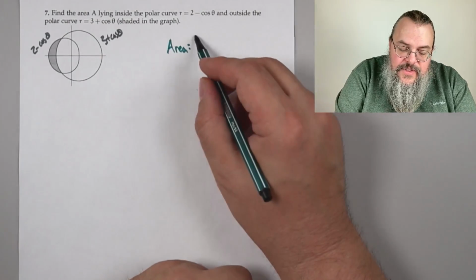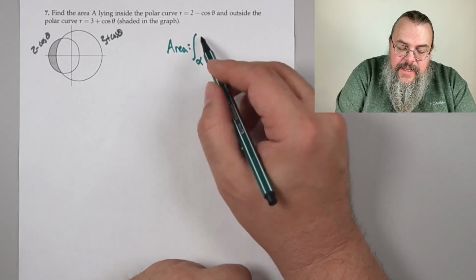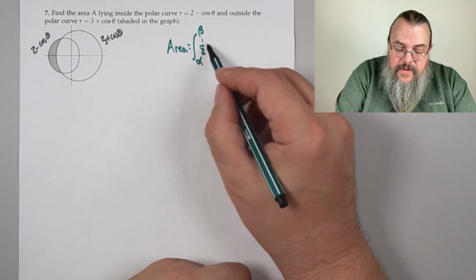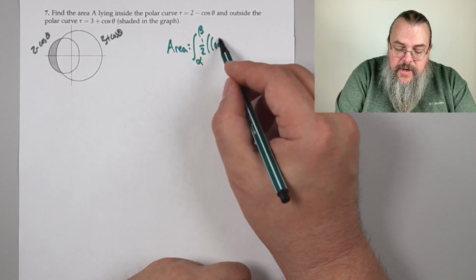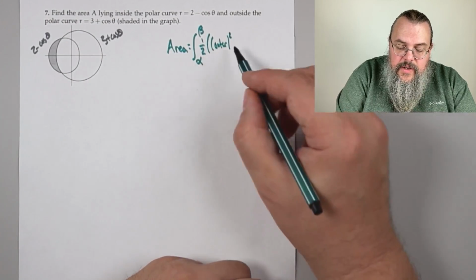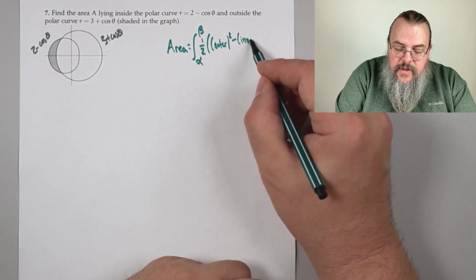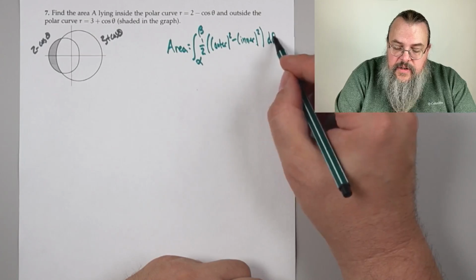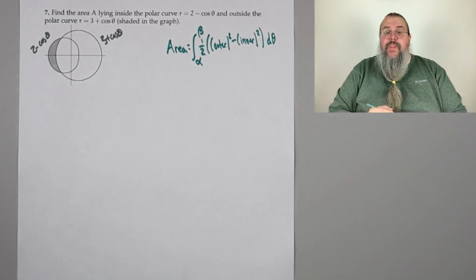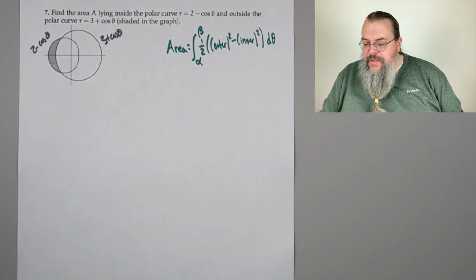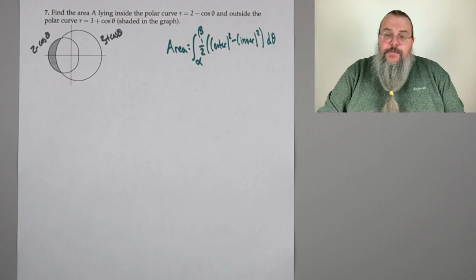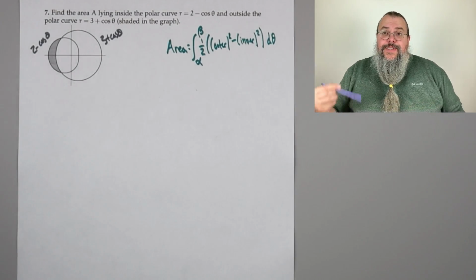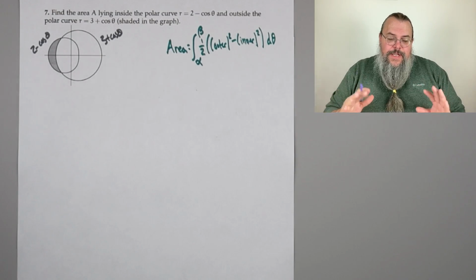So you have a start and a stop, alpha and beta, and then it's 1/2, and then you're going to do the outer part squared minus the inner part squared, and then you have your d theta. All right, so that's our basic formula, and that's just a good one to know. And of course, the 1/2, well, that's easy to forget, so don't forget that.